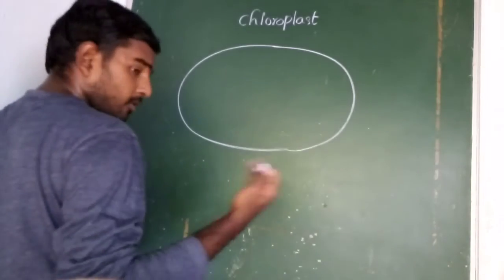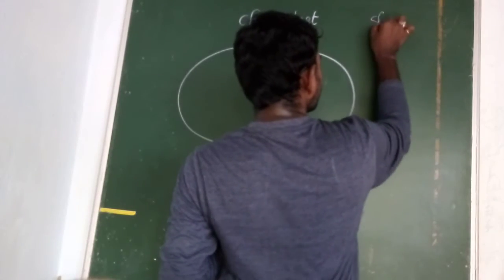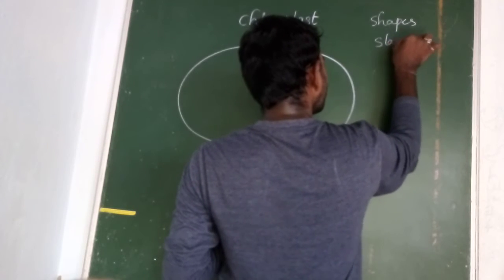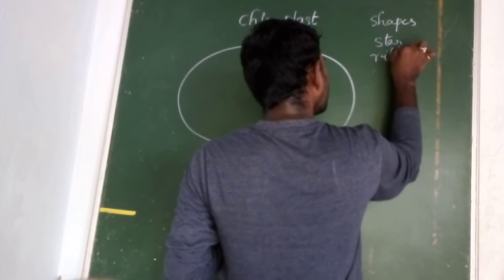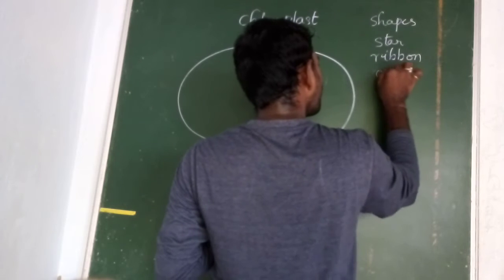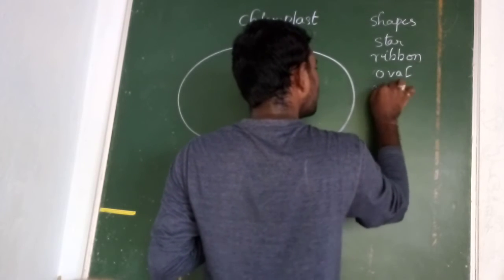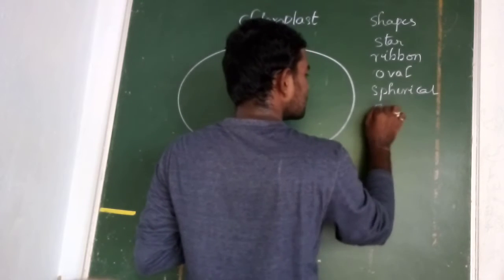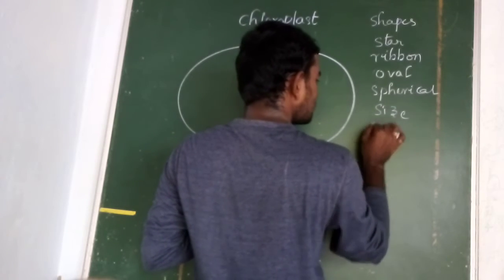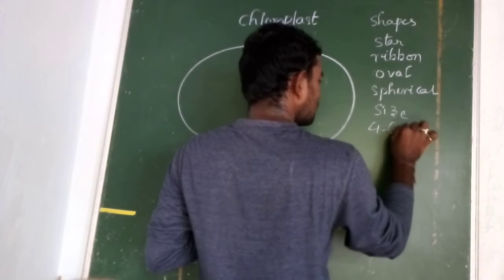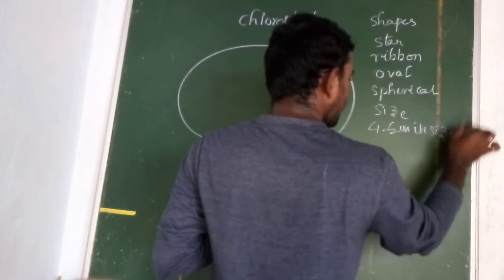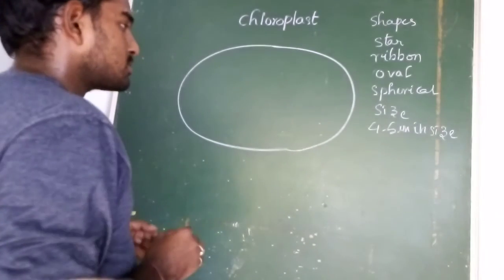The chloroplasts are of different shapes: star shape, ribbon shape, oval shape, and spherical shape. The size of the chloroplast is 4 to 5 microns.